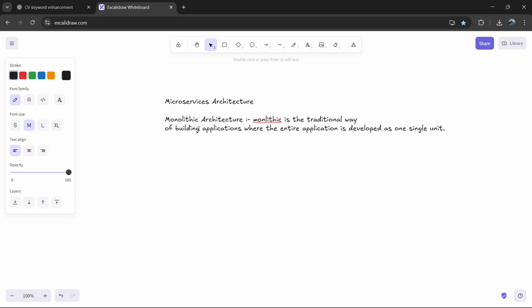So my monolithic architecture is nothing but a traditional way of building an application where the entire application is developed in a single unit.